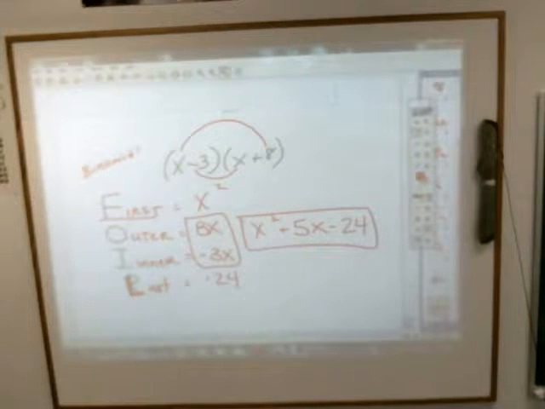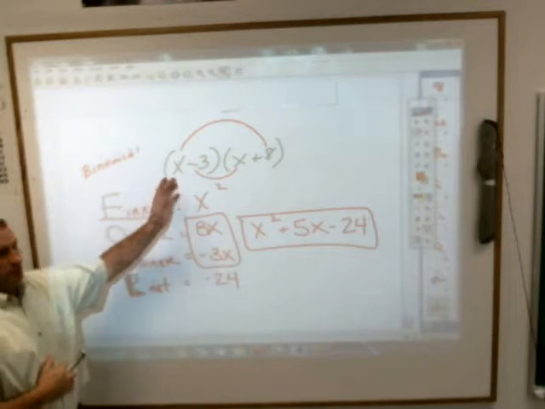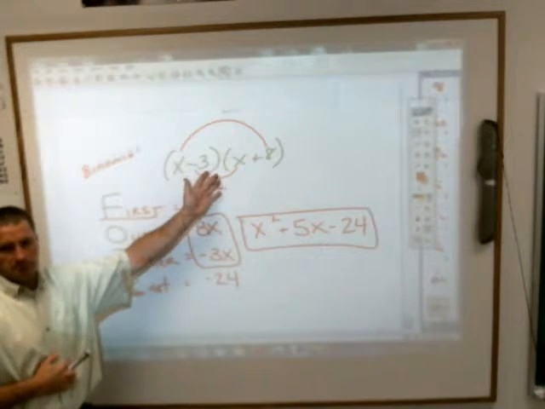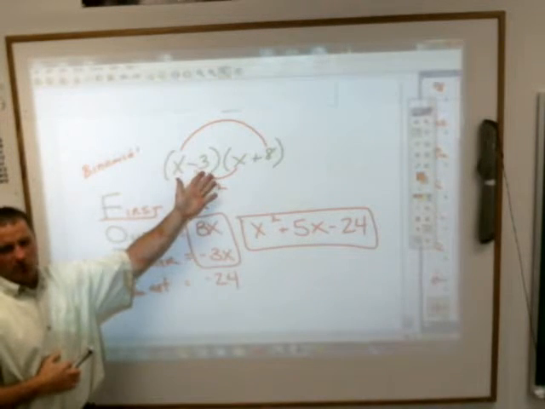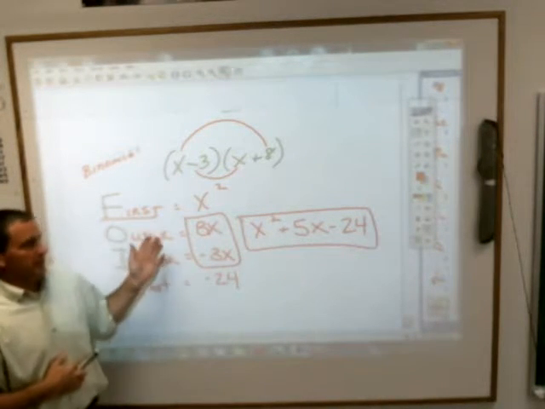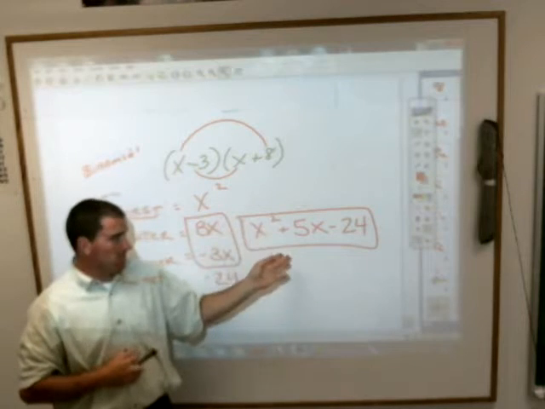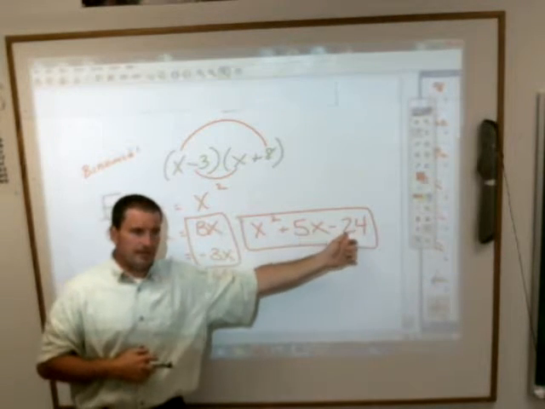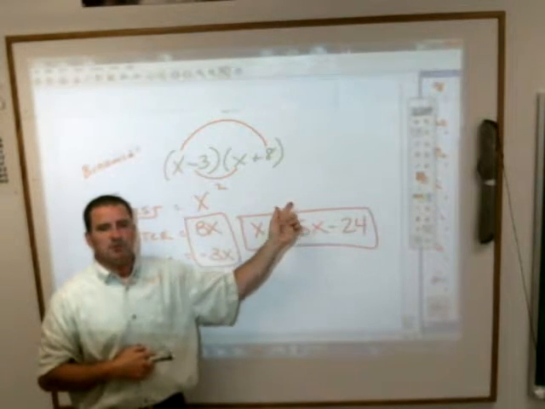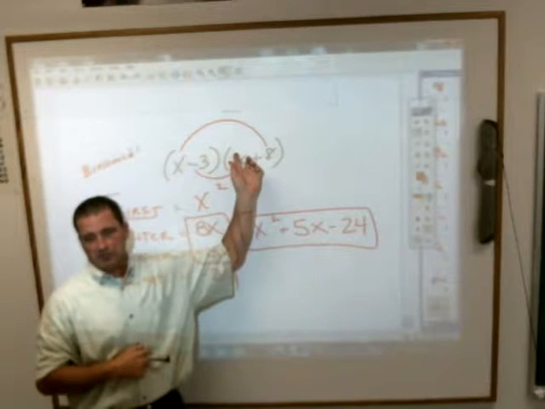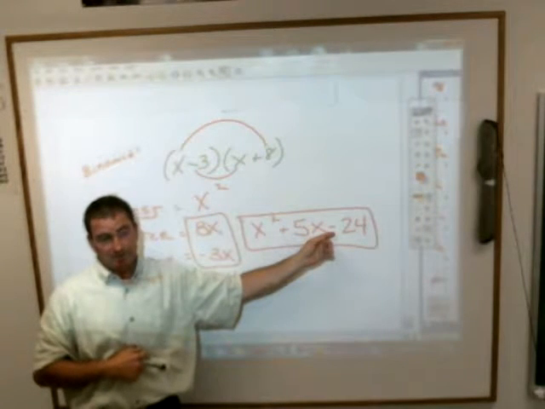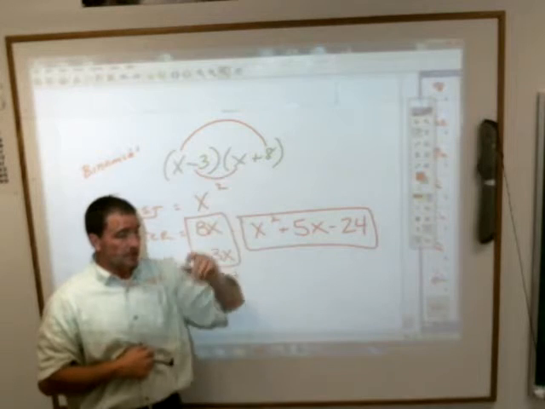In the real math world, it's very helpful if you can do this in your head. The reason you think of FOIL is because eventually you'll be given this, and you'll have to break it back down into the two binomials that would cause you to get that. So it's like factoring this down into that.